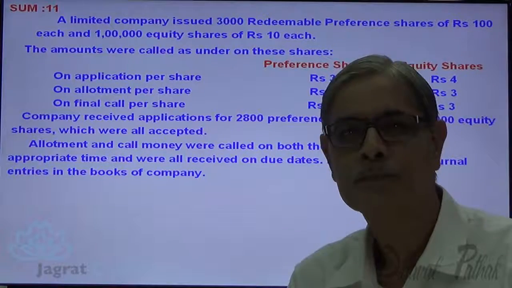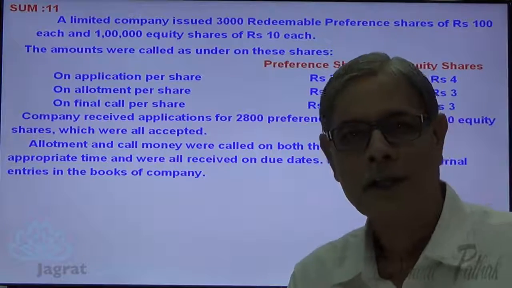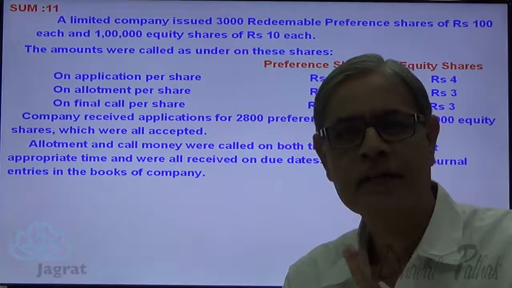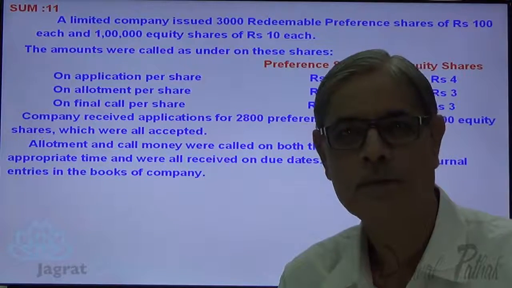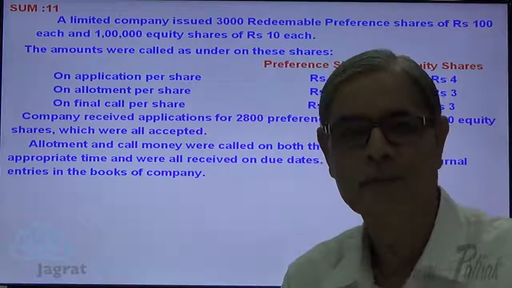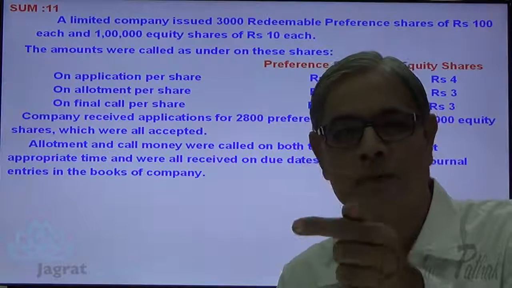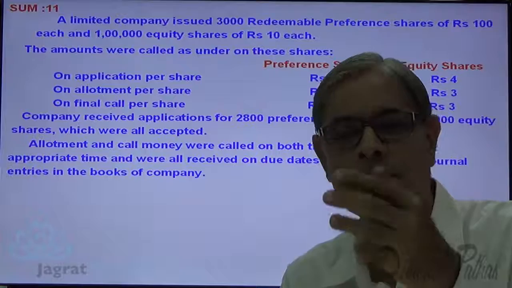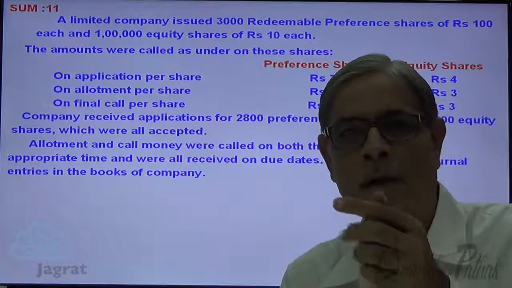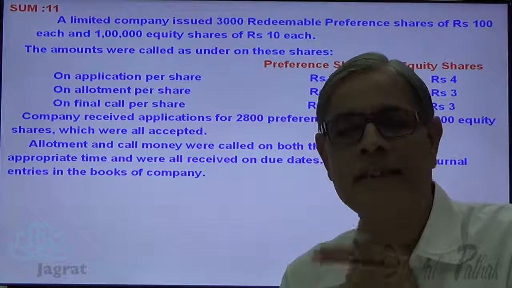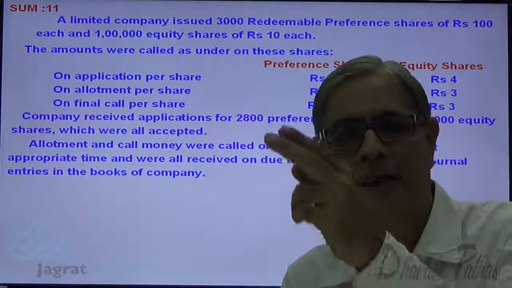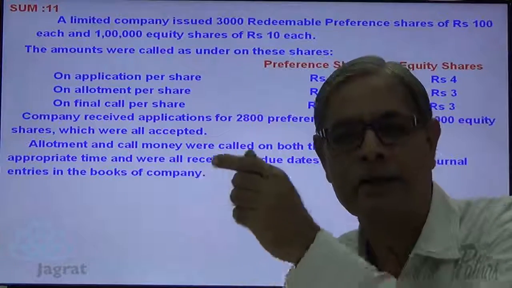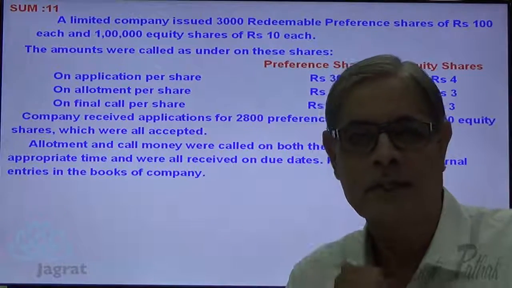Now see, here preference shares are issued, equity shares are issued. Both are issued at a time. So first of all, we shall write the entry for application money received on preference shares. Then the entry for application money received on equity shares.